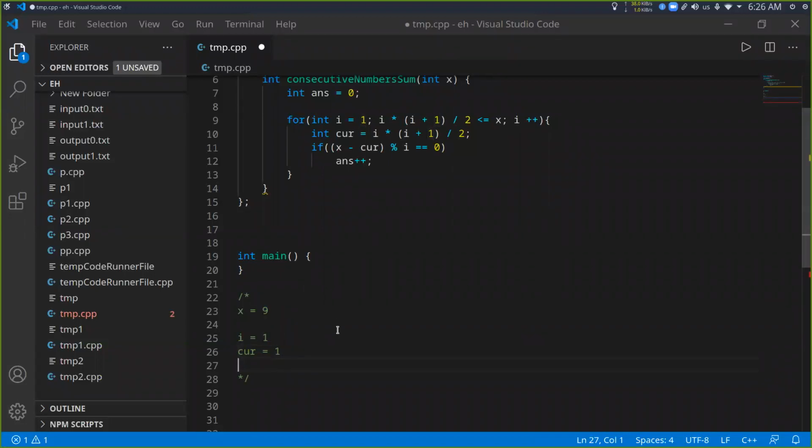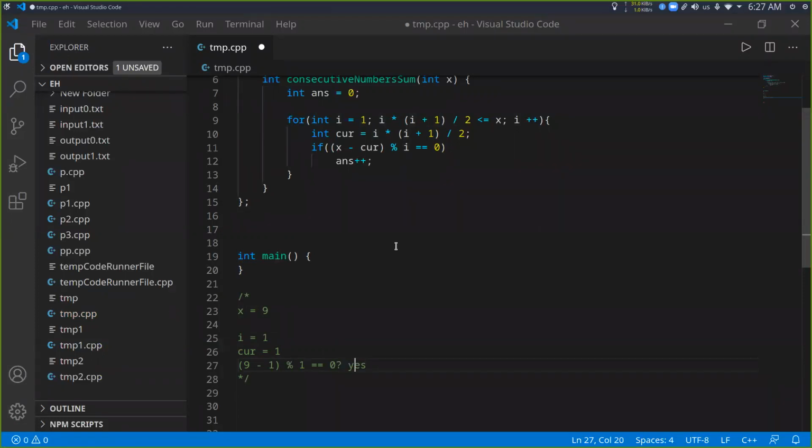So what I'm doing here is checking if x minus current, so 9 minus 1, is divisible by I. So 9 minus 1 mod 1, does this equal 0?